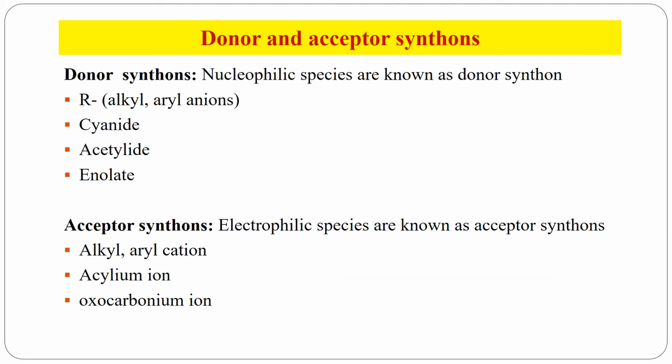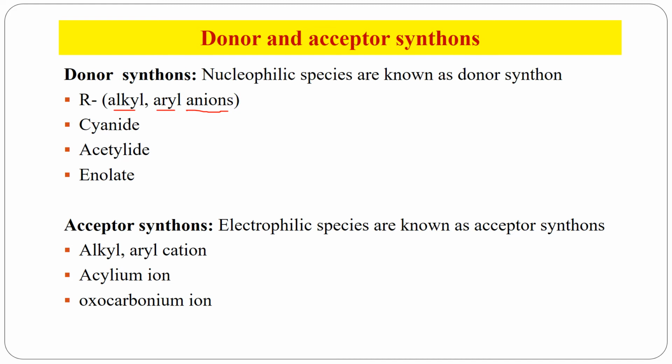What are donor and acceptor synthons? Donor synthons, as the name shows, are the nucleophilic species which have the ability to donate electrons: alkyl or aryl anions. Alkyl or aryl behave as anions when these are in organometallic compounds.